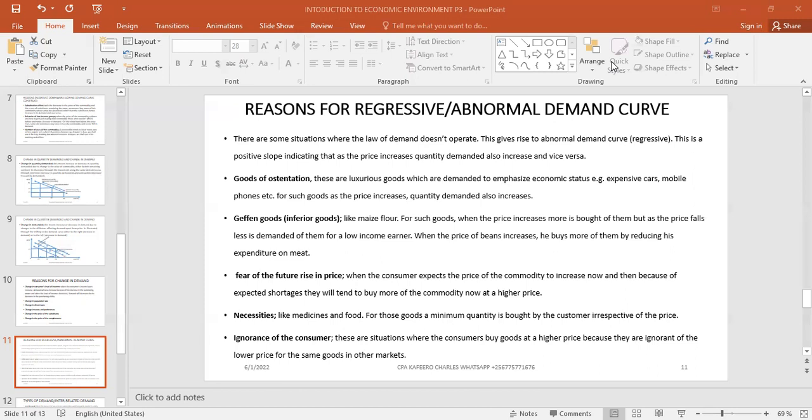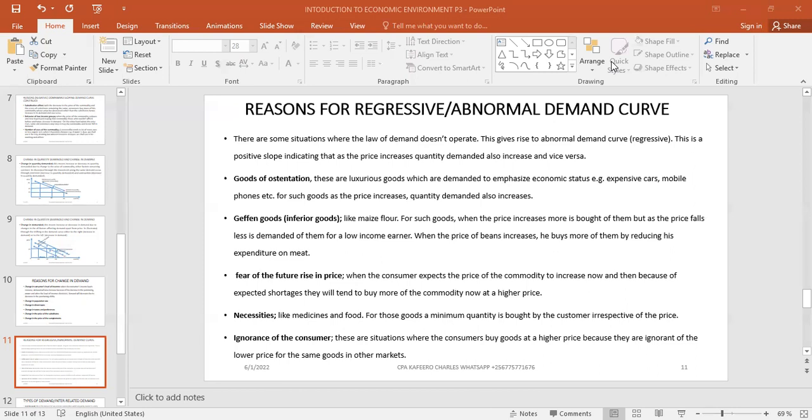They will reduce consumption of the other goods and buy more of that commodity. And the worst part is when the price of, let's say, maize flour is reducing, those people, instead of buying more, leave the product and say we can't buy those things, they are cheap, and they start buying, let's say, meat, because they will have enough disposable income since the price is reducing. That qualifies that point to be under the abnormal demand curve.